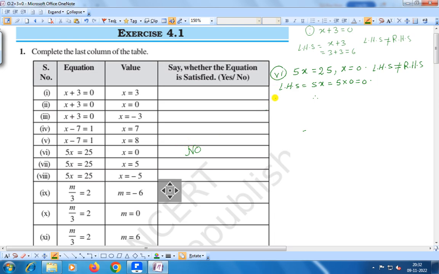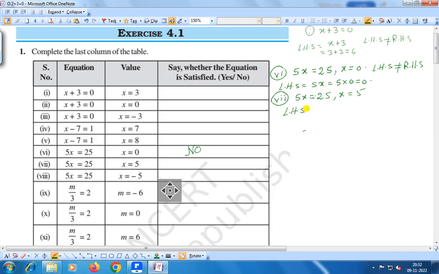Now question number 7. Question number 7 is 5x equal to 25 and the value of x is equal to 5. Let us find left hand side.